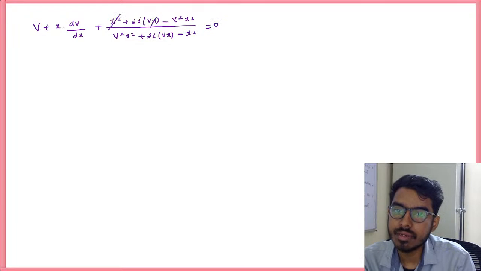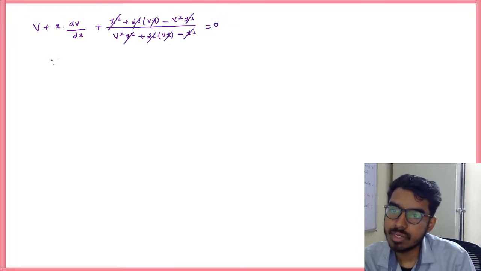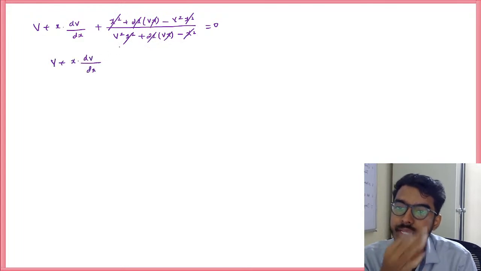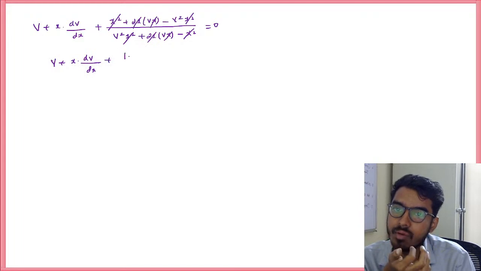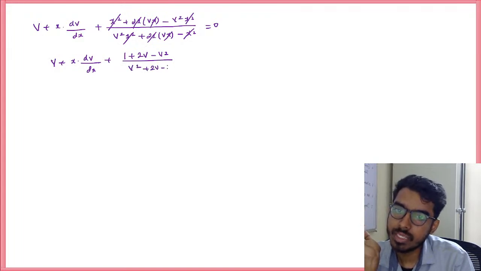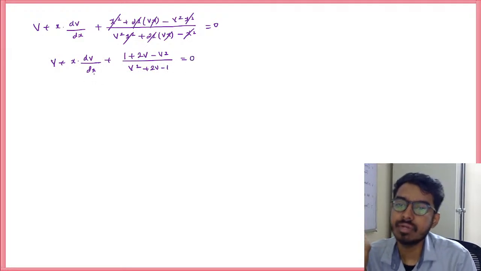So x square, x square all will get cancelled. So we will have v plus x into dv by dx plus (1 plus 2v minus v square) divided by (v square plus 2v minus 1) is equal to 0.